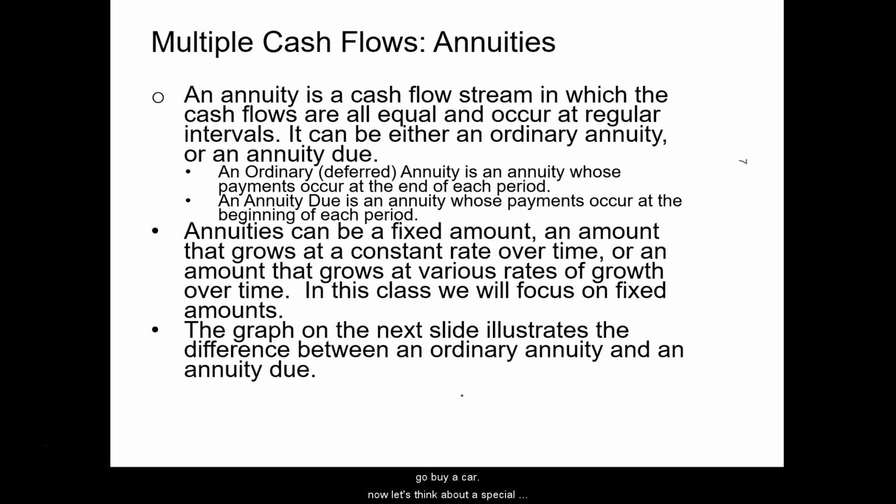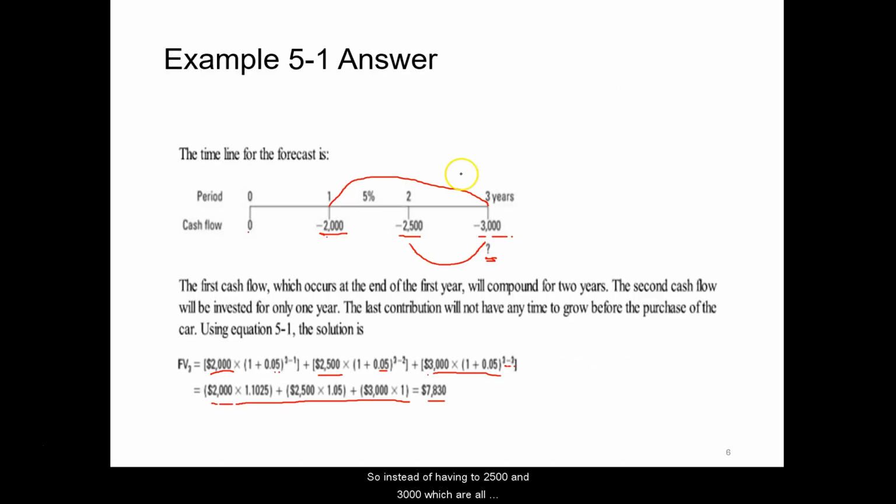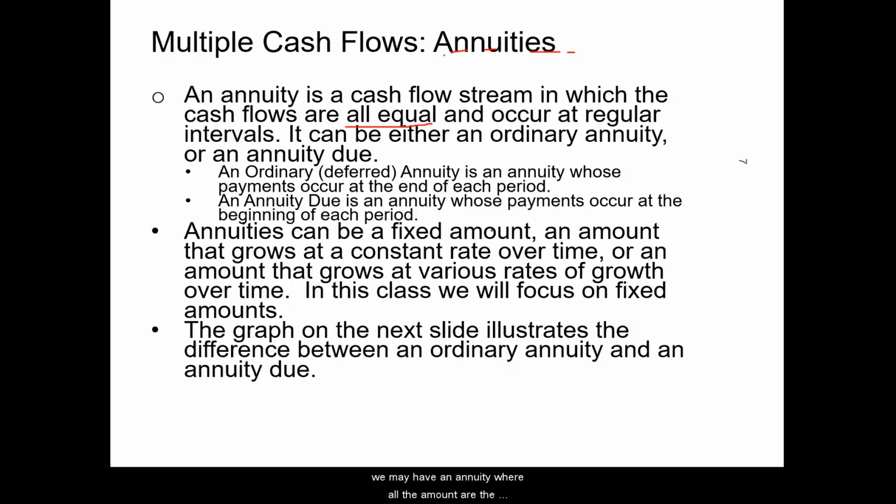Now let's think about a special case of the future value calculation that we just conducted. The special case is what we call an annuity. An annuity is a cash flow stream where the cash flow amounts are all equal. So instead of having 2,000, 2,500, and 3,000, which are all different amounts, now we may have an annuity where all the amounts are the same or equal.